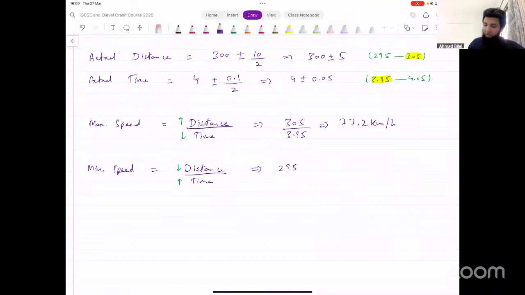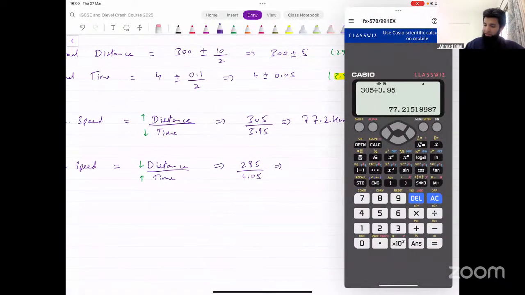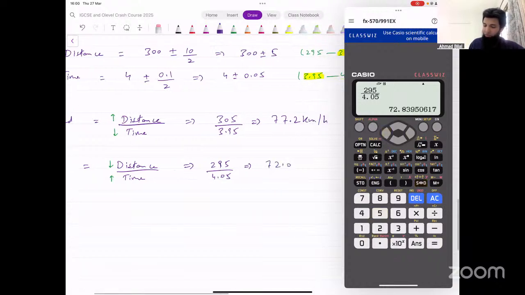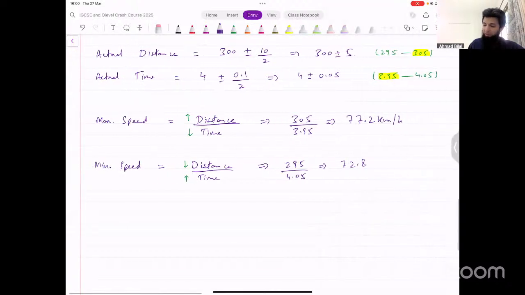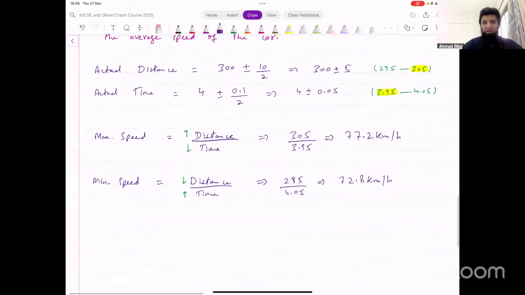The largest possible value of time, that's 4.05. And that is going to give you the minimum possible value of speed in this case. That's 295 divided by 4.05. And that is 72.8 kilometers per hour. That's the minimum possible speed that we could have given this scenario.